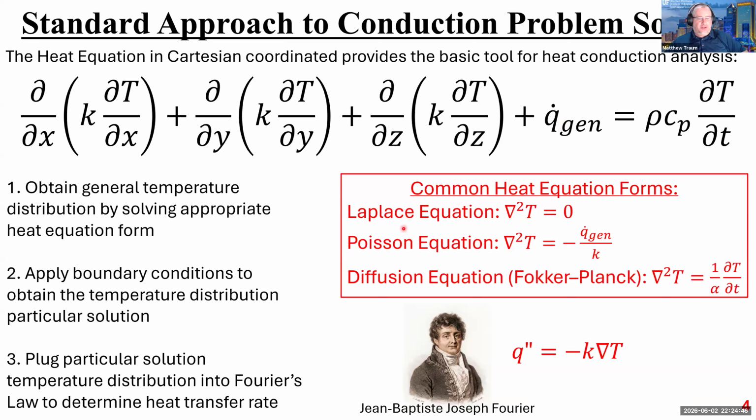So I basically showed you how to get to these three principal equations, which are the most common specific forms of the heat equation. So Laplace equation, Poisson's equation, and the diffusion equation, also called Fokker-Planck. And so you should already know how to get to those equations from the heat equation.